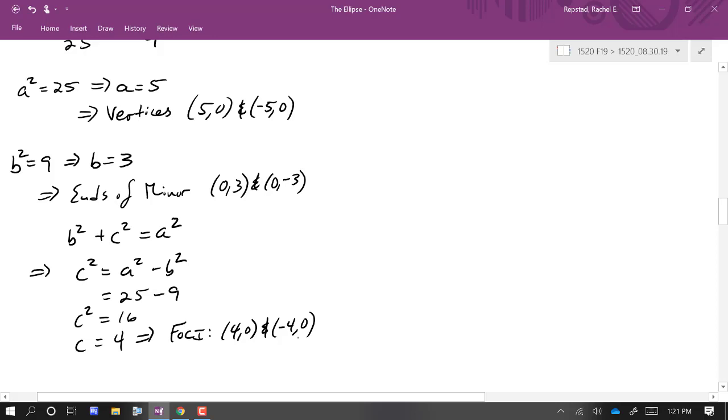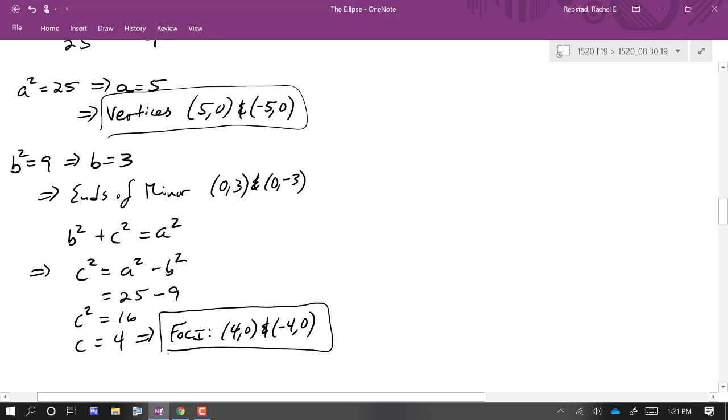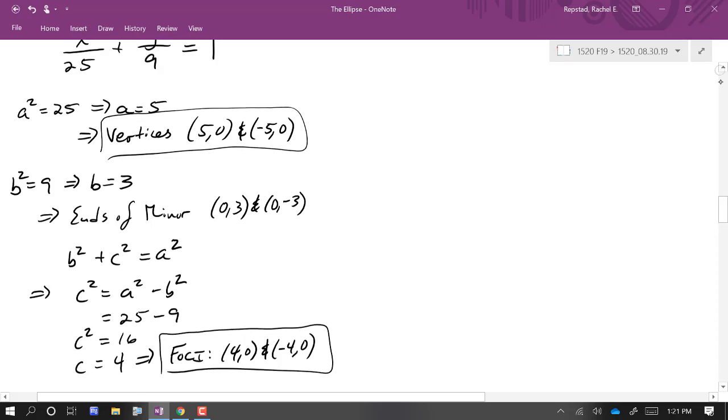So we provided the information they asked for. They wanted the vertices and the foci, but they also asked us to sketch it. So let's go ahead and do that.